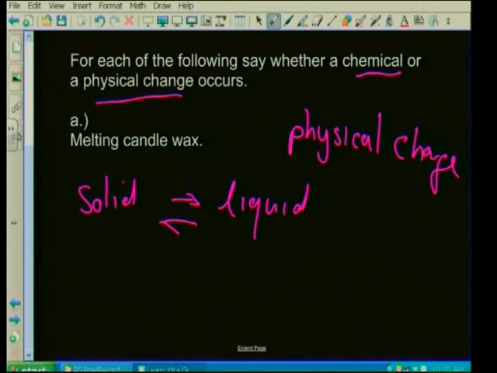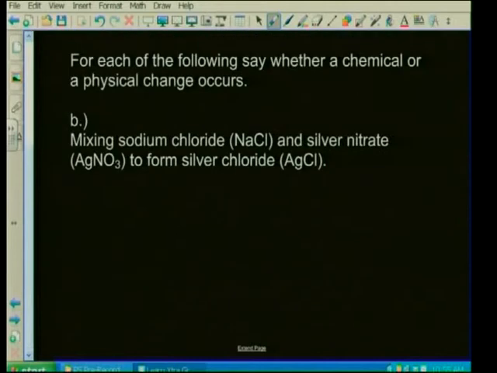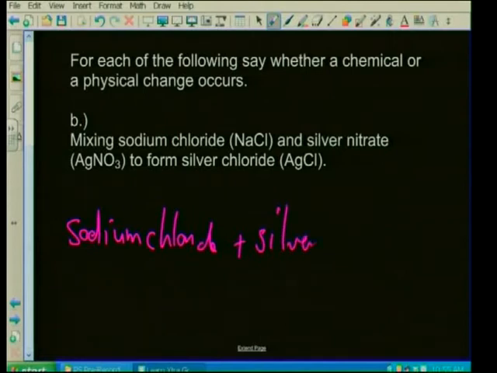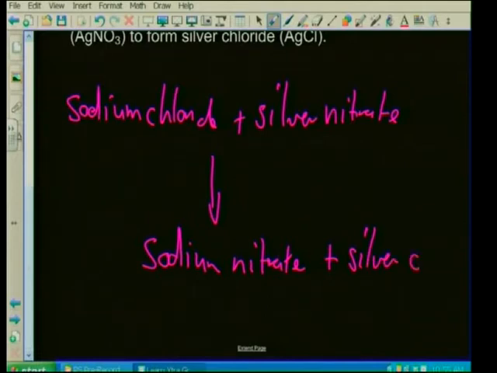Right, ready for the next one? Let's have a look. This example says we're going to mix some substances together. We're going to take some sodium chloride and we're going to take some silver nitrate, and we're going to put these two beakers together and we're going to make some sodium nitrate and some silver chloride.